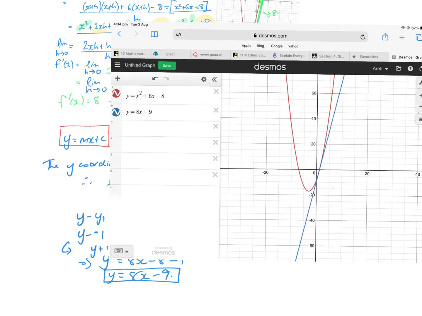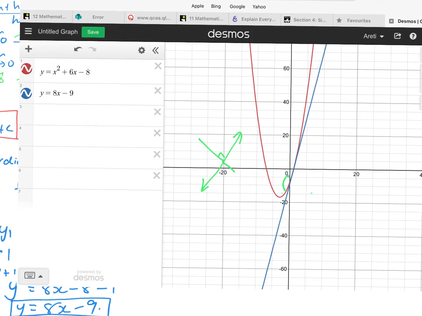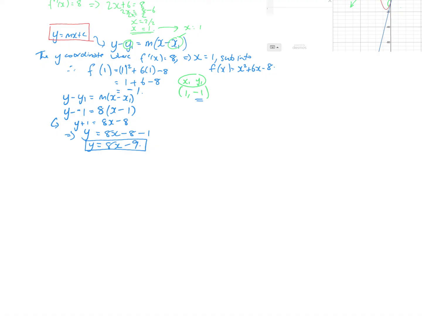So a normal to the tangent is a 90-degree line. A normal line is a line that runs 90 degrees to a specific line. So from our blue tangent line, it needs to go past the point where it kisses the tangent, which we decided was 1, -1. Let me find that. The scale's not great, but it is somewhere in there.